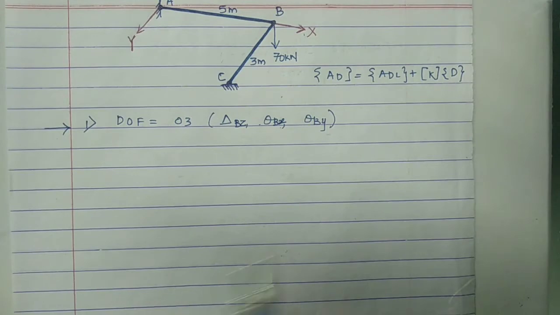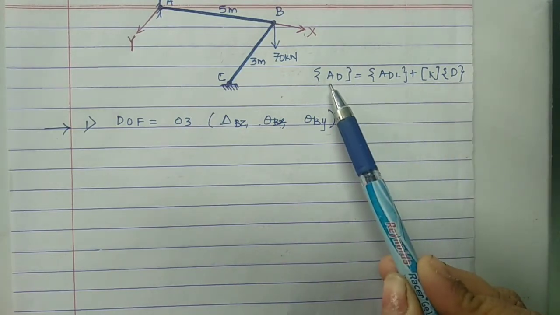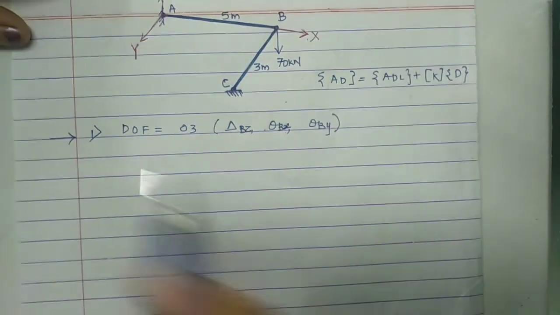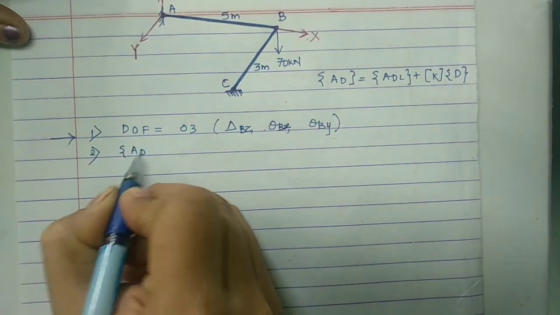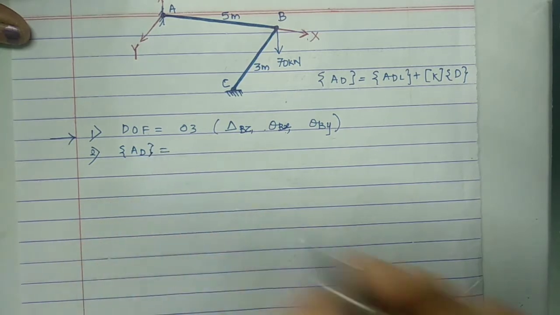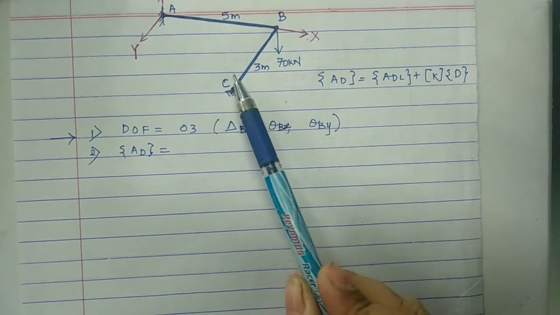Step number 2 is the calculation of these matrices one by one. Let us first calculate the AD matrix. The AD matrix is the action corresponding to displacement in the original structure.